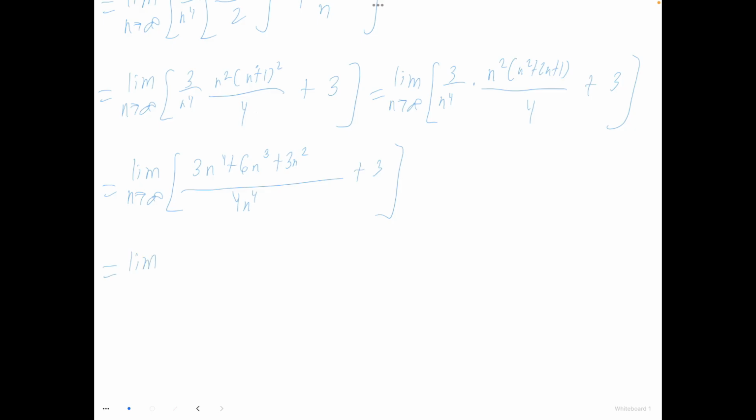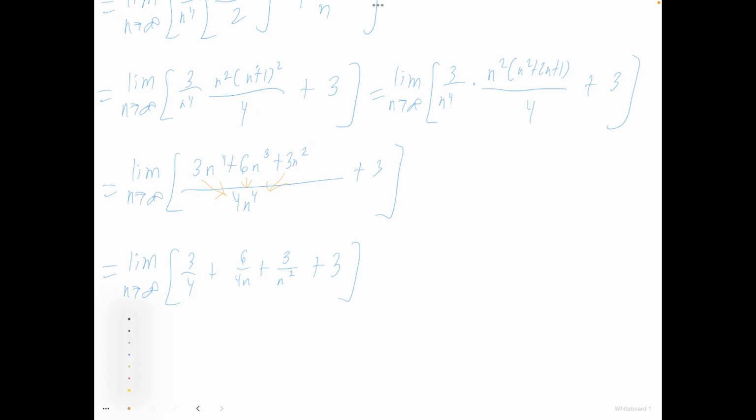Now, doing the division here, we have 3n to the 4th divided by 4n to the 4th, so that'll just give us 3/4, plus 6 over 4n, plus 3 over n squared, plus 3. So I'm just dividing each term here. We've done this type of limit before, so I'm just dividing each term separately by the 4n to the 4th. And so that's how I got to that.